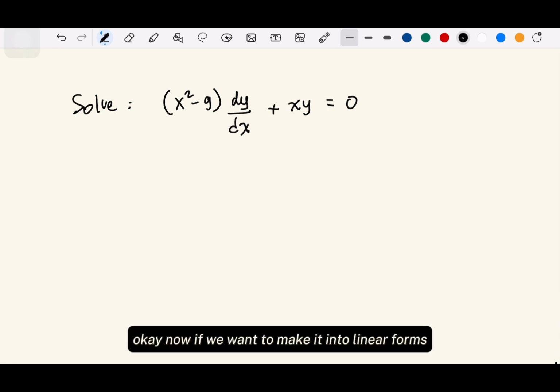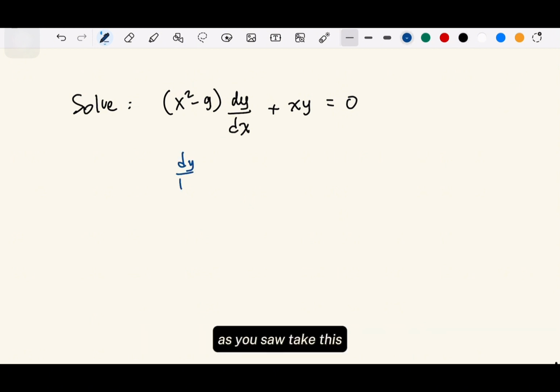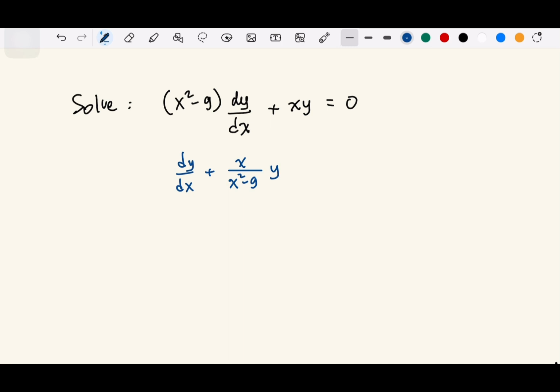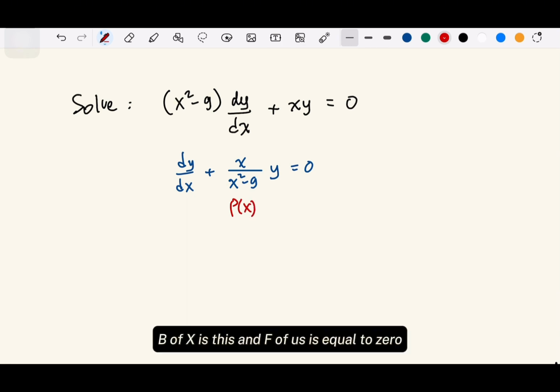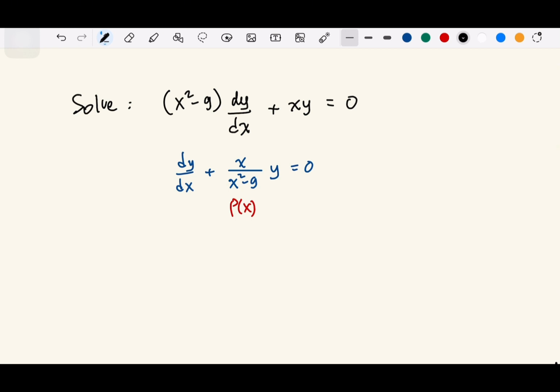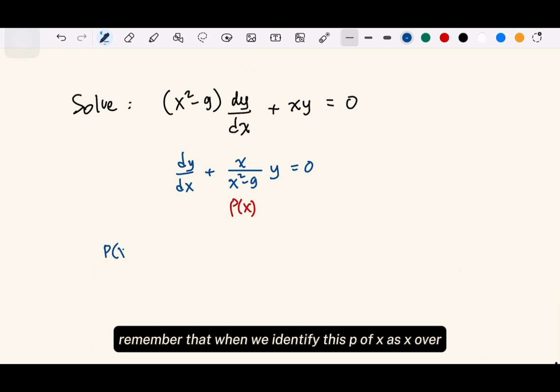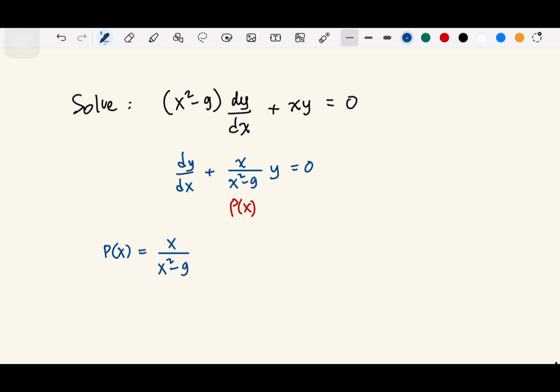Okay, now if we want to make it into linear form, as usual, we take this. Okay. And now we know that p of x is this, and f of x is equal to 0, which means we are going to have a homogeneous equation. Remember that when we identify this p of x as x over x squared minus 9.